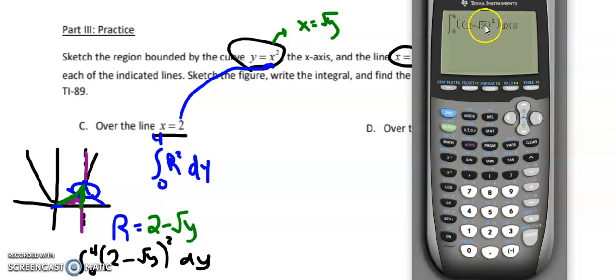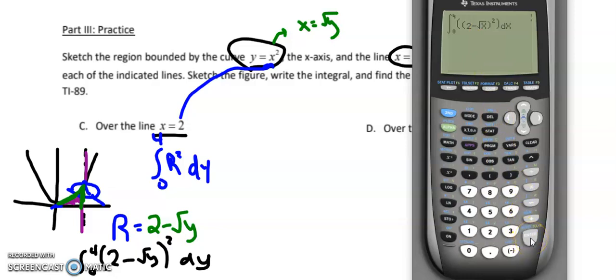Now it does not matter that I used x instead of y. It just matters that I set up this right minus left distance as 2 minus the square root of the variable. The calculator reading it as x is the same thing as us doing it as y. It's not going to make a difference in the value.